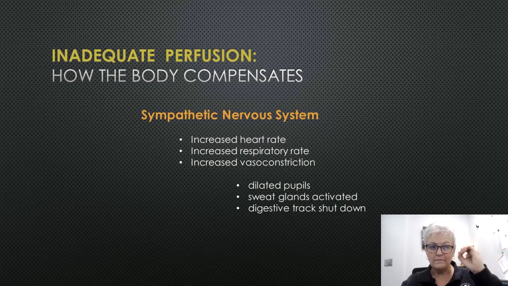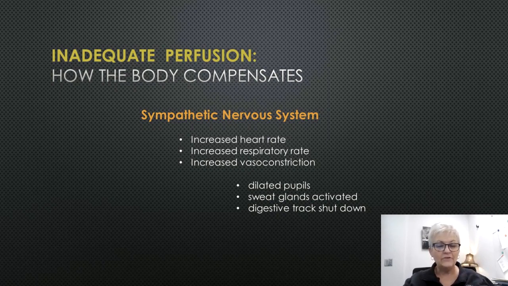So making the pipes smaller or those vessels smaller is going to increase the pressure. When we increase the blood pressure, we can move things faster. Okay, we can move the red blood cells and the oxygen to the cells and back to the heart much quicker. So those are the three components that happen when the cells are not getting enough oxygen.